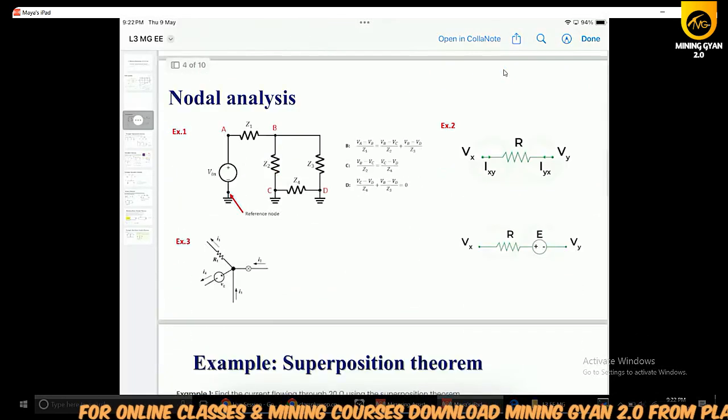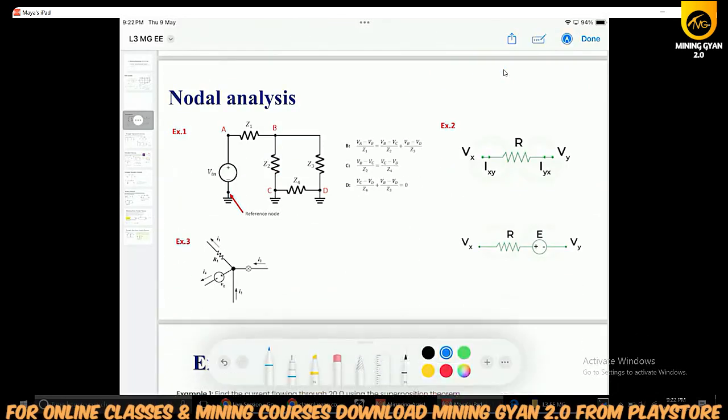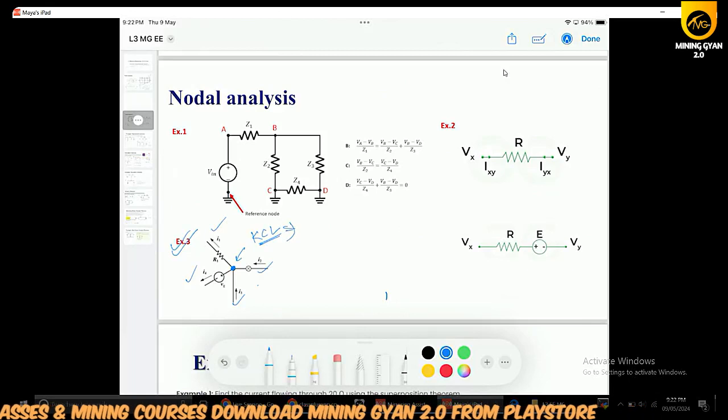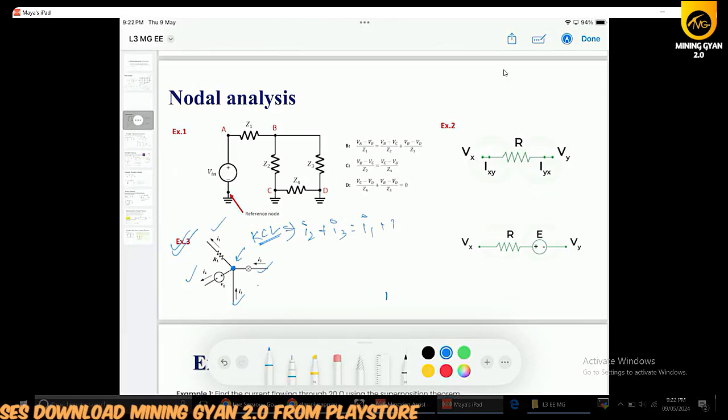Likewise, if we want to go for nodal analysis, let us start with example number 3. Basically we have to apply the KCL equation at a given node. This is the given node. I2 is the incoming current, I3 is the incoming current, and the sum of these equals the sum of the outgoing currents. So the KCL equation at this node will be I2 plus I3 equals I1 plus I4. What will be I1?